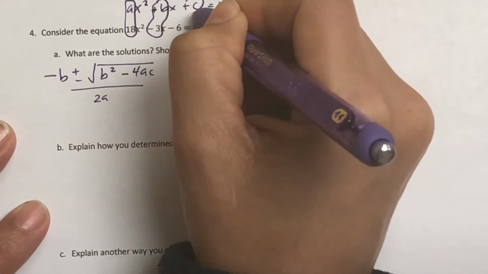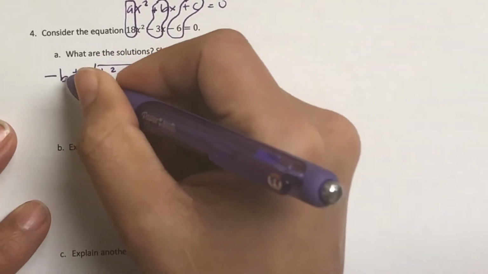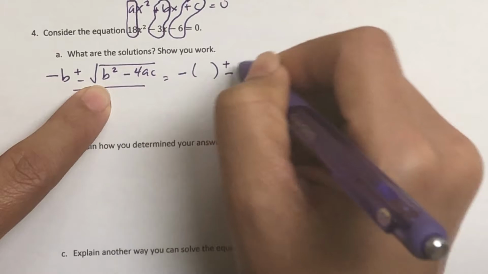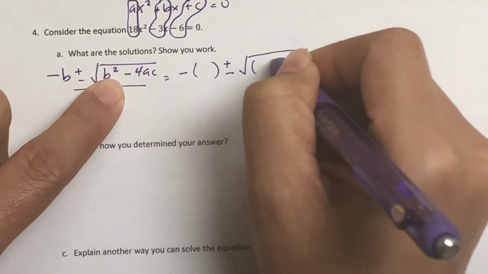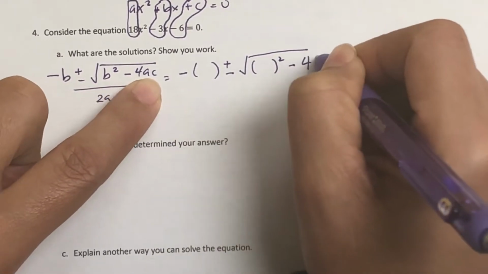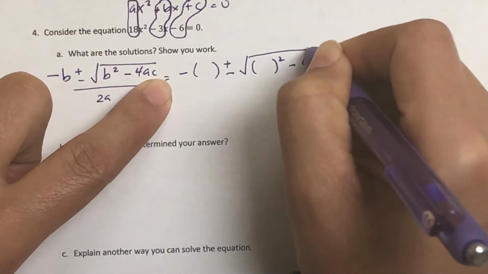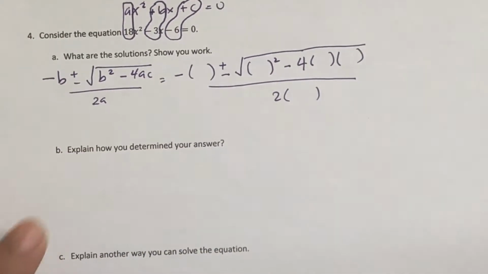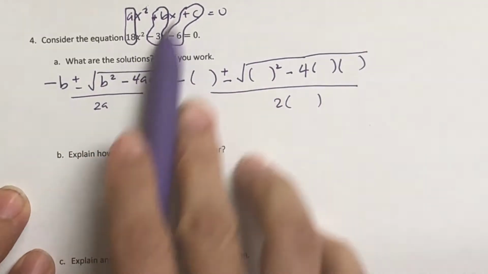Just rewrite this equation with parentheses around your variables. So it goes minus, parentheses, plus or minus, square root, parentheses, squared, minus 4, parentheses, parentheses, all over 2 parentheses. Just where the letters are, put parentheses.